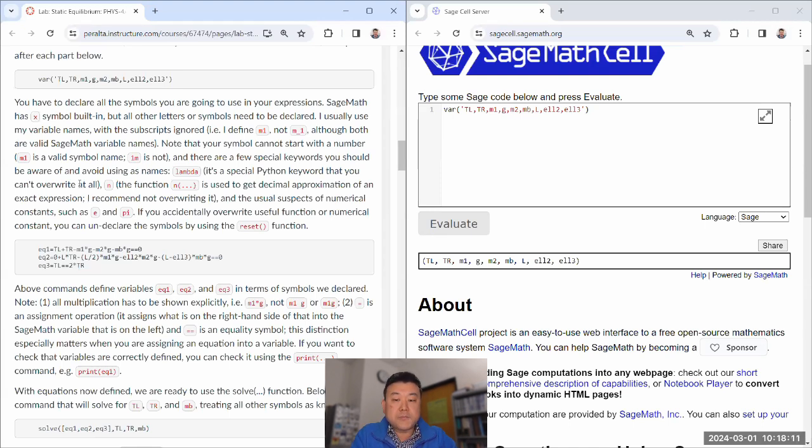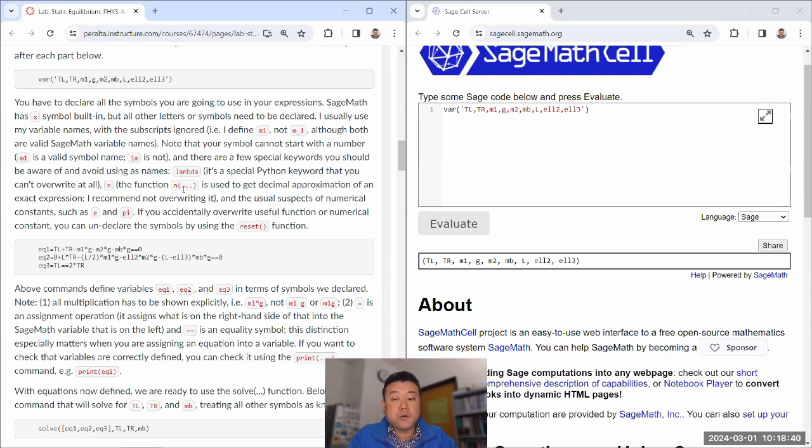And there are a few special keywords that you should be aware of and avoid using as names. Lambda, all lowercase, is a special Python keyword that you can't overwrite at all. If you try, you'll get an error. N, the function n, is used to get a decimal approximation of an exact expression. I recommend not overriding it so that you have access to it. And the usual suspects of numerical constants, such as E for Euler's number and pi for pi.